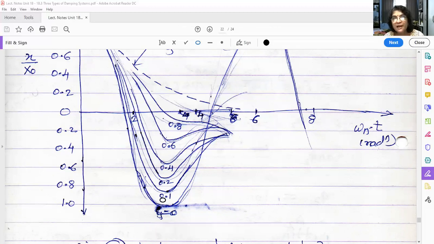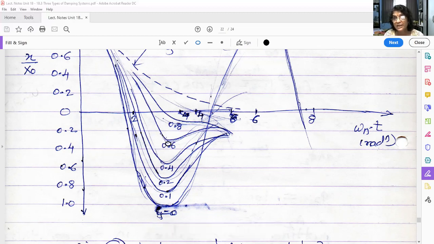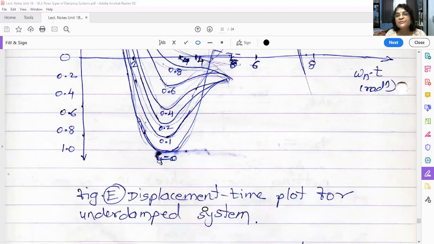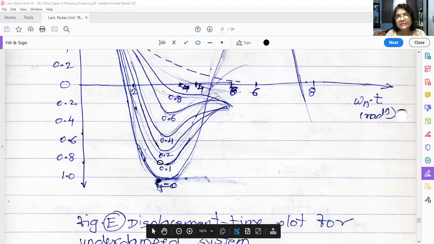As the value of zeta increases, the damping increases. That means the resistance to the motion increases. Understood? So this is the graph of displacement time plot for underdamped system for different values of zeta.